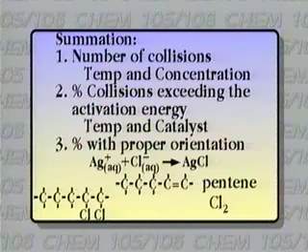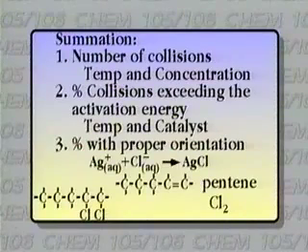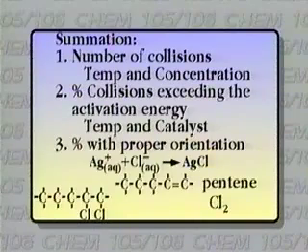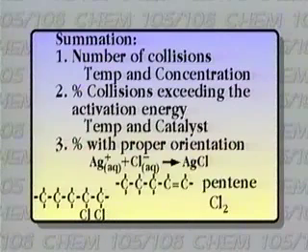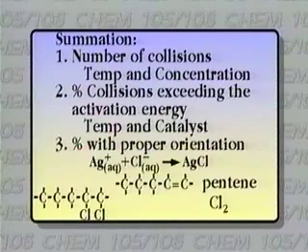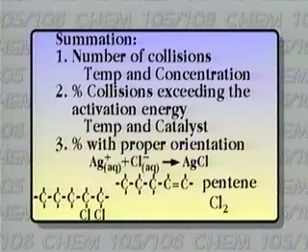All right. Now, in order to get from the reactant to the product, then obviously this chlorine molecule needs to collide right here. If it collides over here, there's no reaction. If it collides in there, it's no reaction. If it collides here in the molecule, it's no reaction.